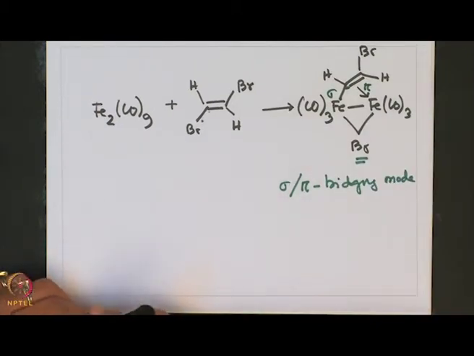Now, one interesting thing with regard to these metal alkenyl complexes is that most of the preparation has been achieved by the reaction of a coordinated alkyne on a metal center, followed by oxidative addition or by nucleophilic attack.